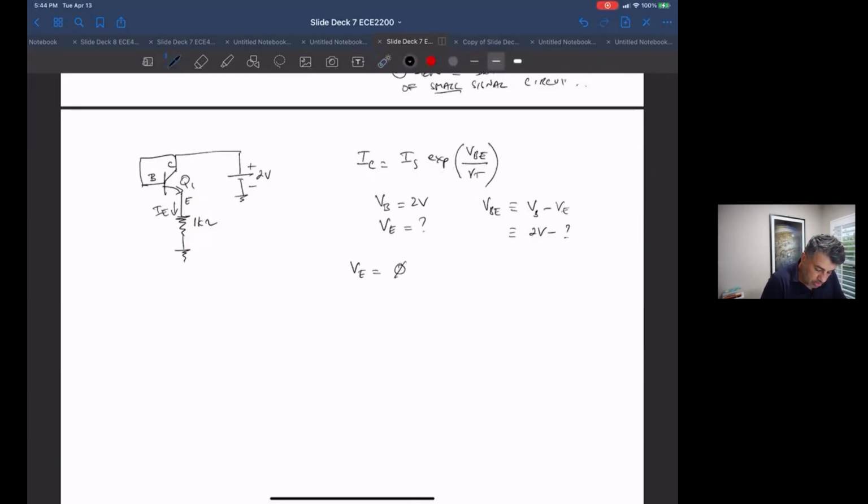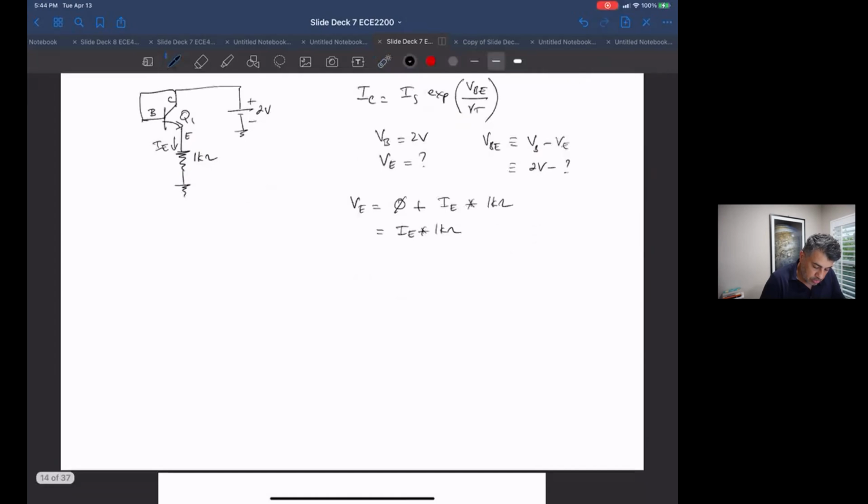So 0 plus the voltage across this resistor, which is just I sub E times 1 kilo. So VE is equal to this.